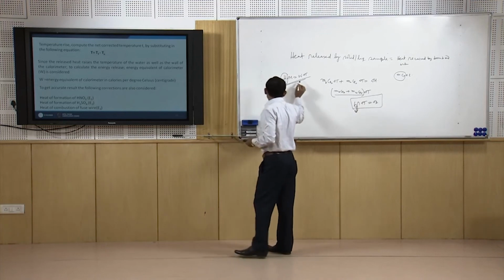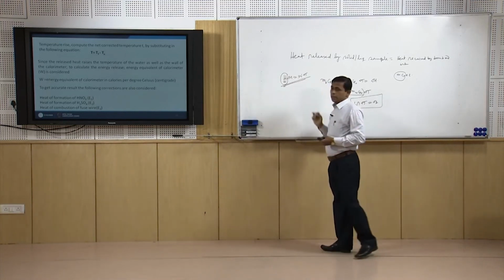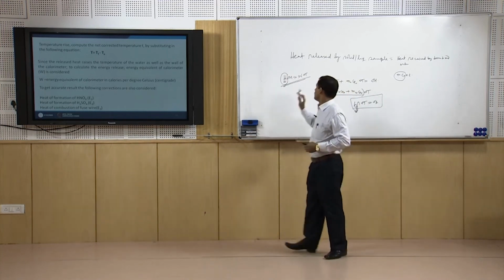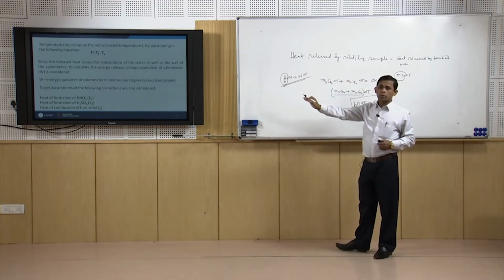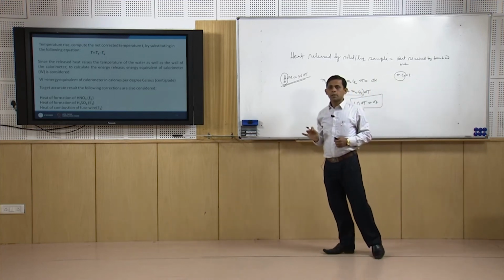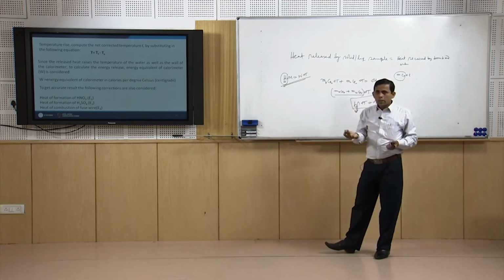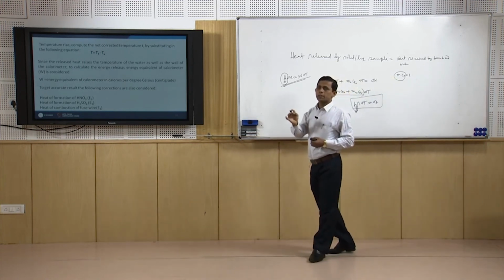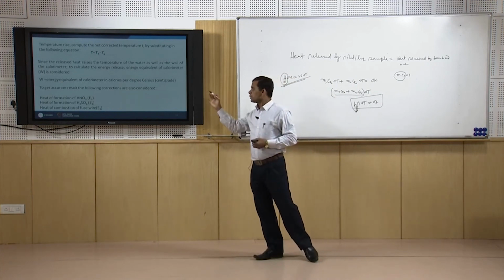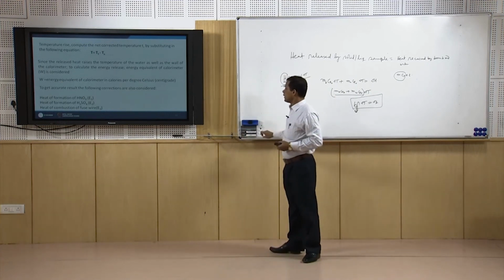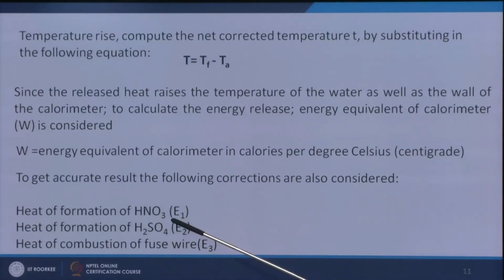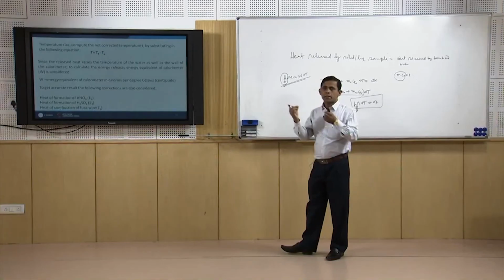Now, the W del T which we are getting requires some correction. That is the total amount of heat received by the water and the bomb calorimeter, but all that amount of heat is not actually released by the materials. Some amount of heat has been contributed due to the formation of acids like HNO3 and H2SO4, due to the presence of nitrogen and sulfur, and some amount of heat has been contributed by the fuse wire.